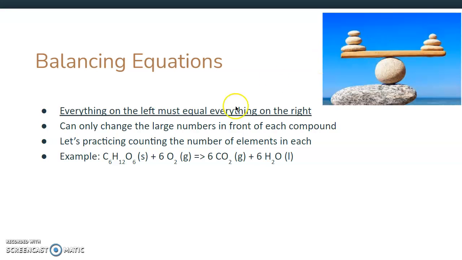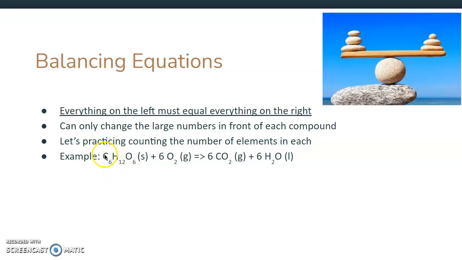So for example, we see C6H12O6 and 6O2 goes to 6 CO2 and 6 H2O. So the way we count this is if there's a little number below our element, below our symbol, that means there's that many of them.